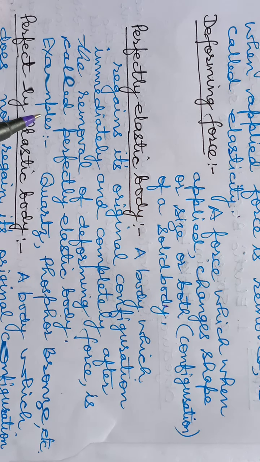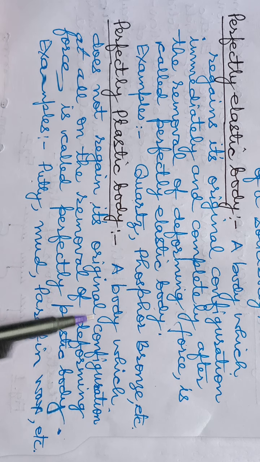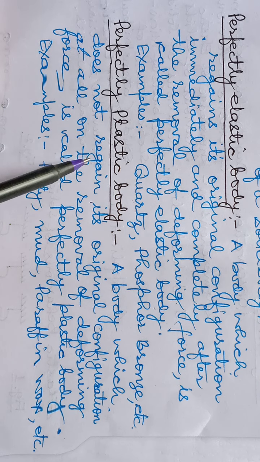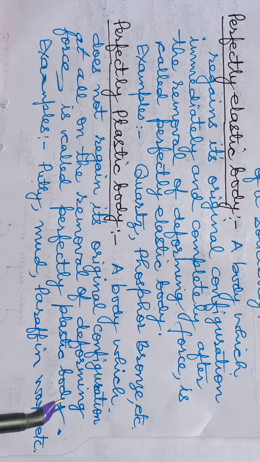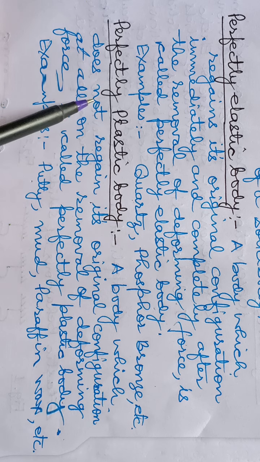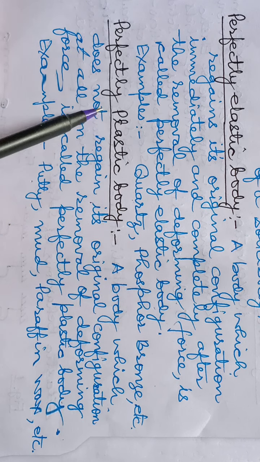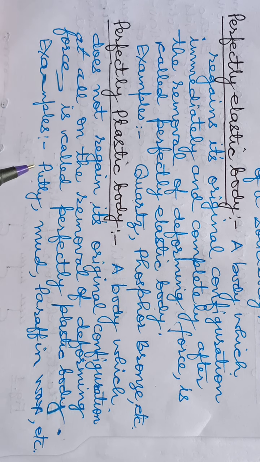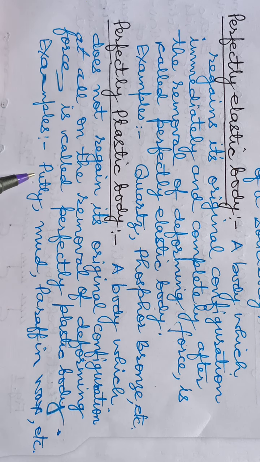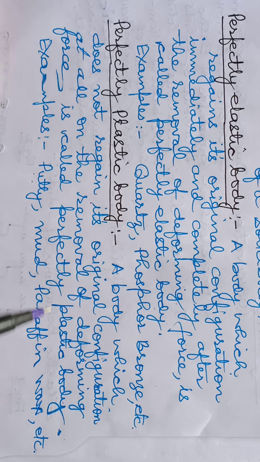A body which does not regain its original configuration at all on the removal of the deforming force is called a perfectly plastic body. Examples: putty we apply before painting the walls of our houses and buildings, mud, paraffin wax. These are some examples from our daily life. Can you cite more examples?